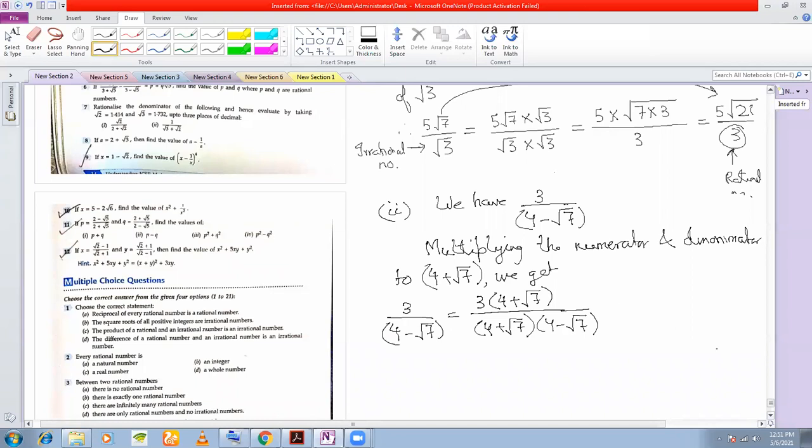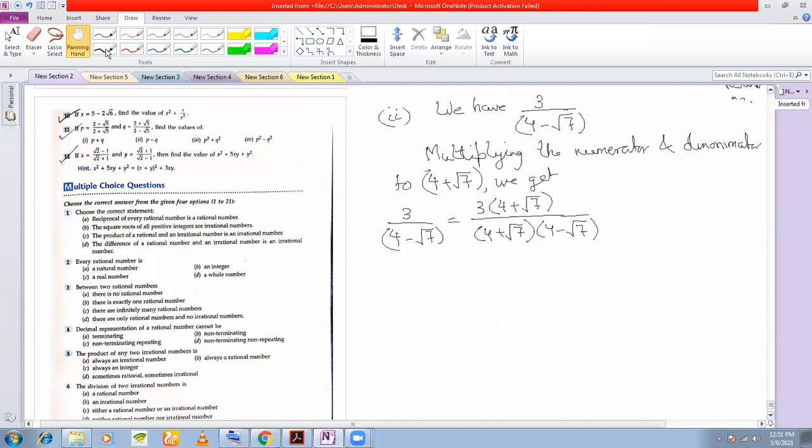Now see what happens in the denominator. You have the a plus b into a minus b form, which all of us know is a square minus b square. Here a is 4, so a square is 4 square, and b is root 7, not 7, so it is root 7 square.